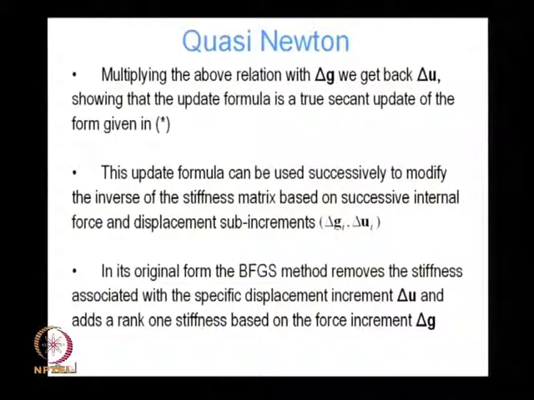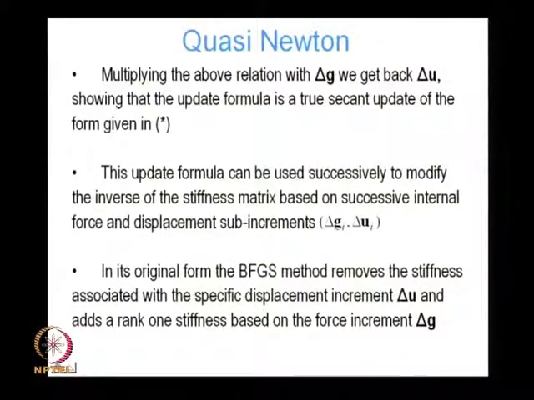Again I have a new estimate of delta G, I have a new estimate of delta U. I use that to compute my BFGS update again, and then I again use my Sherman Morrison formula, again construct the new inverse. So, this update formula can be used successively to modify the inverse of the stiffness matrix based on successive internal force and displacement sub increments. I am calling these iterations sub increments.